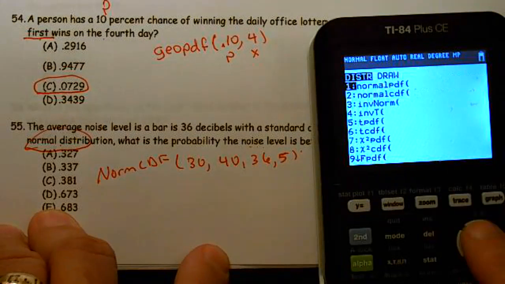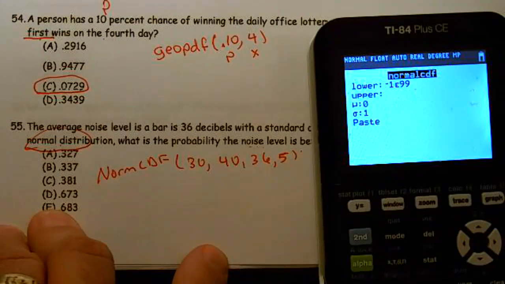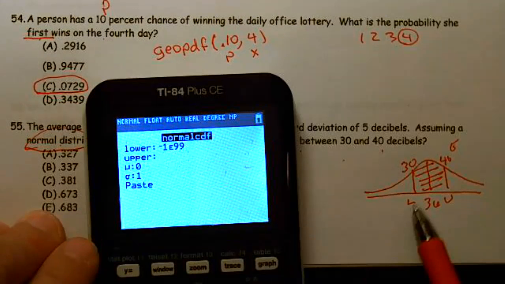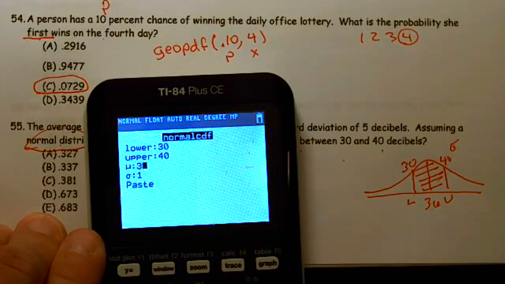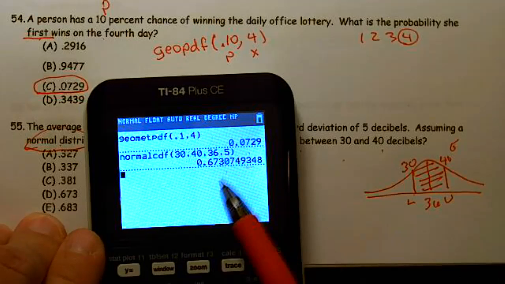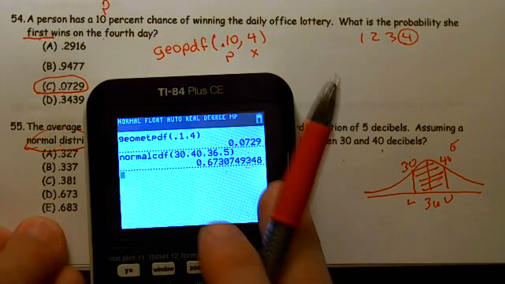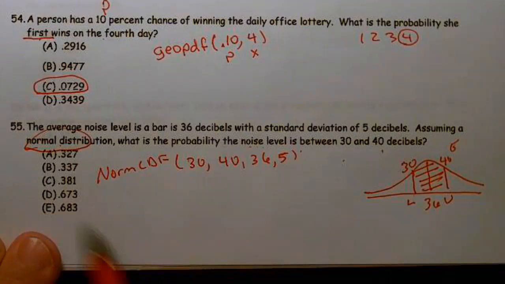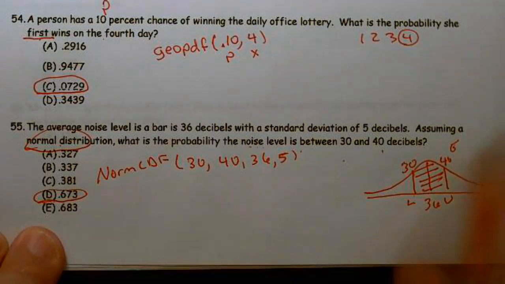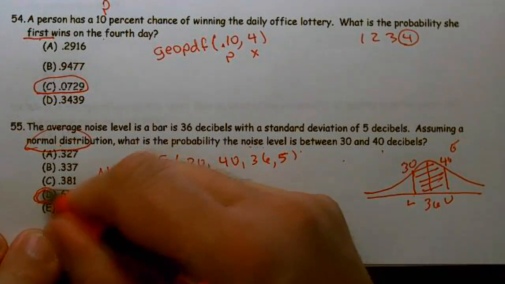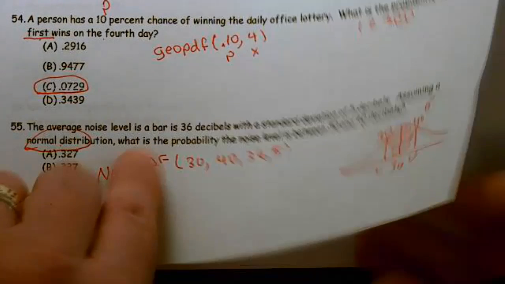So second vars, normal CDF, lower, and by the way, this picture shows everything for us. Our lower part of the shaded was 30, the upper part of our shaded was 40, our mean was 36, and our standard deviation is 5. We end up getting 0.673, all right? And that happens to be right here at letter D. So 0.673, which happens to be letter D.